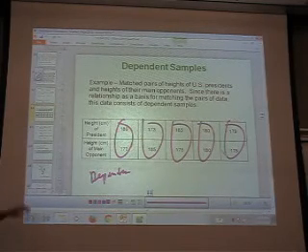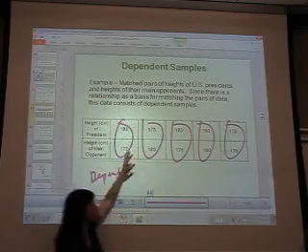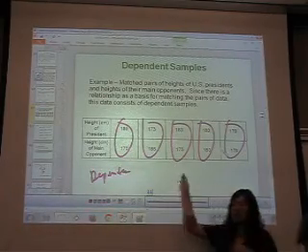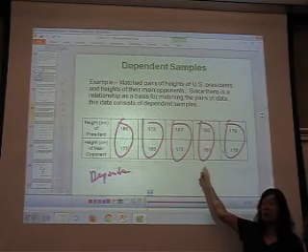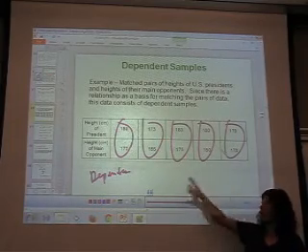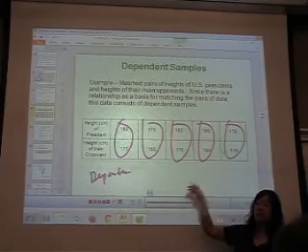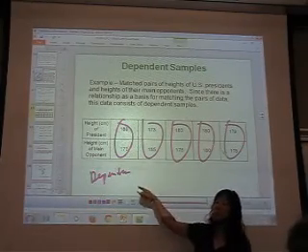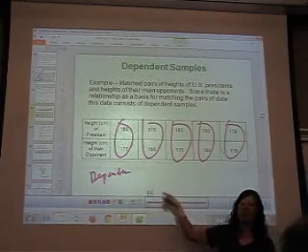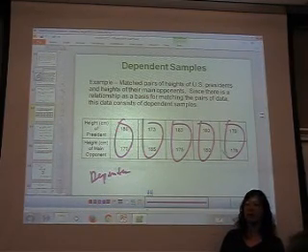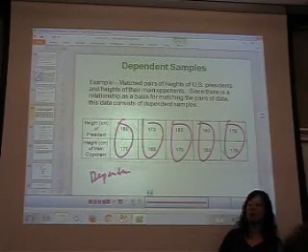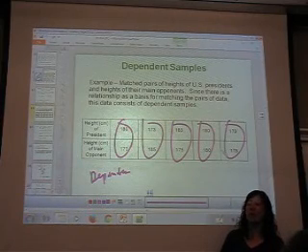If I don't give them to you, then it can't be dependent. If I do give them to you, then it is dependent. You better subtract the pairs and just use that one. You subtract them, and you do a one sample t-test on those differences. That's the dependent thing: you take two samples and make them into one sample.